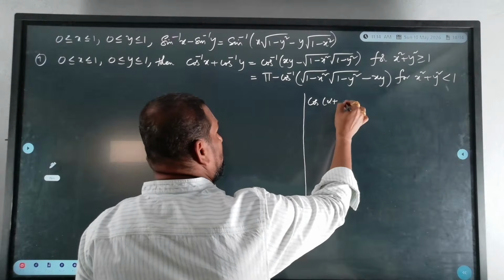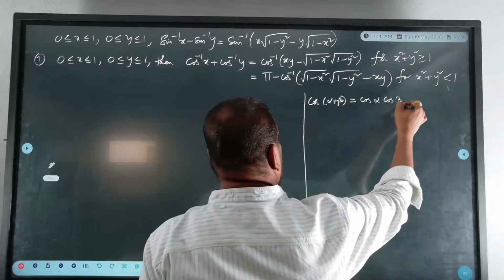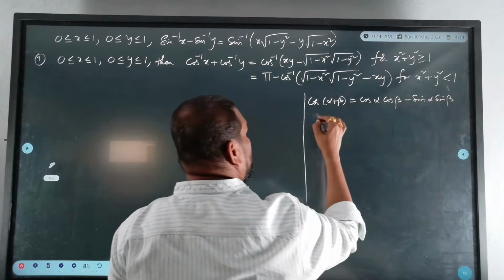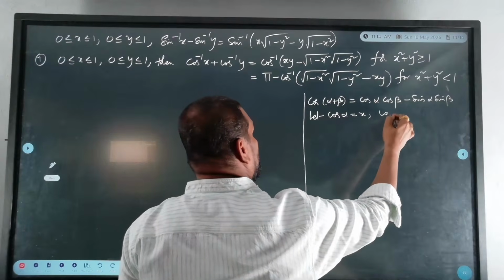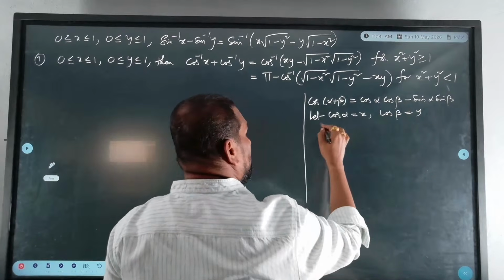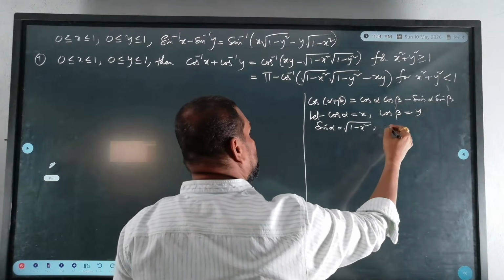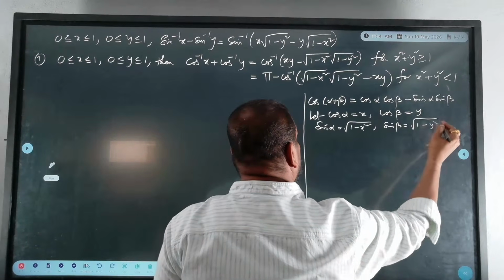What is cos(alpha plus beta)? It is cos alpha cos beta minus sin alpha sin beta. Let cos alpha equal x and cos beta equal y. Then sin alpha is root of 1 minus x square, and sin beta is root of 1 minus y square.